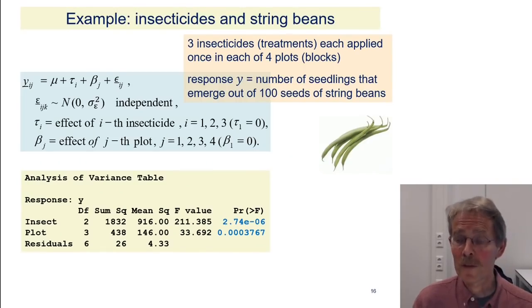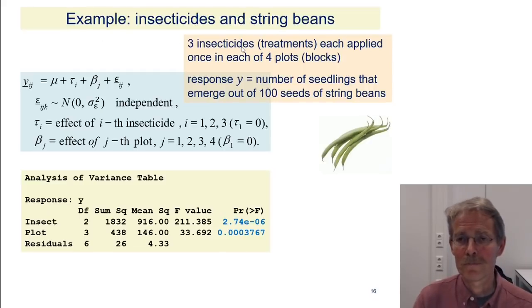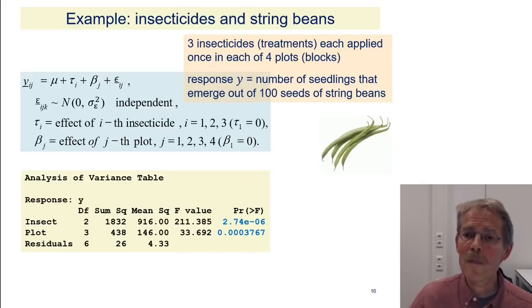Here's another example. It's from the book. Yeah, the terminology is a bit unfortunate. I'm sorry for that. It's the terminology of the book. I'll explain. We want to compare 3 insecticides. And we have groups of 100 seeds that are put in the soil. And what we observe after a while is the number of seedlings that emerge.